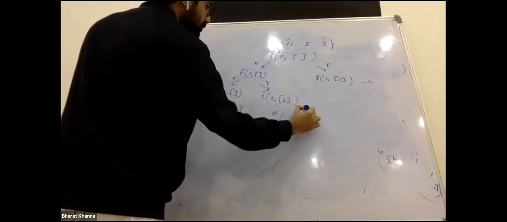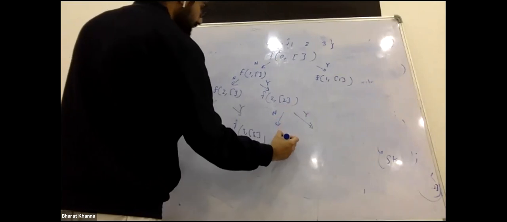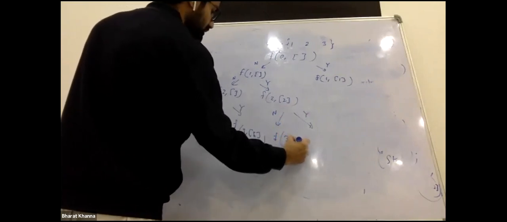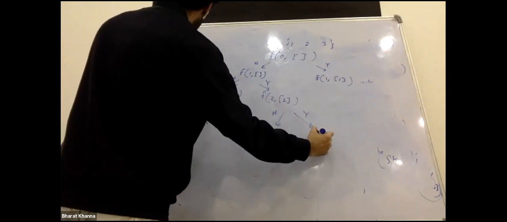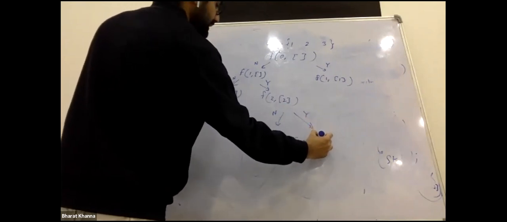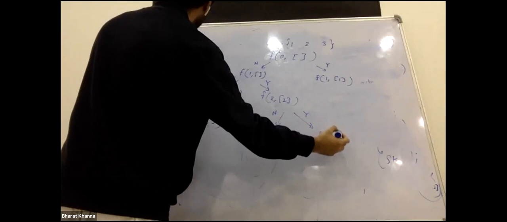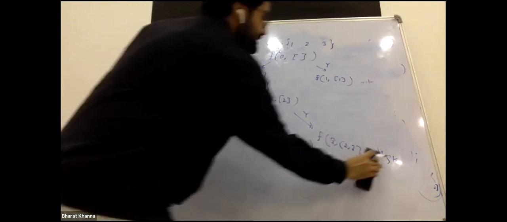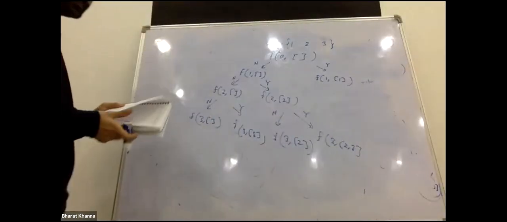Guys, you can draw on your notebooks. It will give you maybe better clarity than what I'm writing on board. 3, 2, and this would be for 3, 2, 3. So guys, I'm not going to do this for this branch. I don't have a lot of space, not time either.